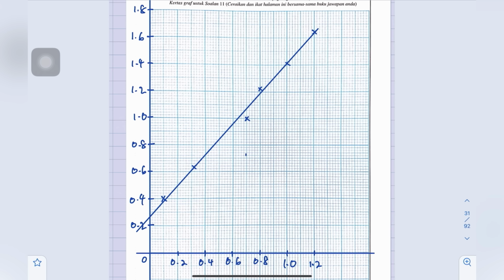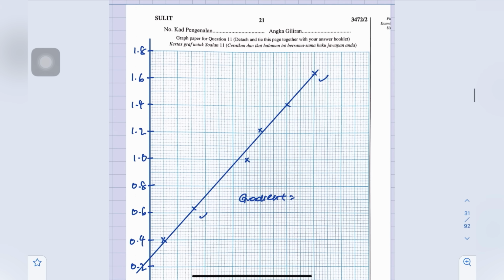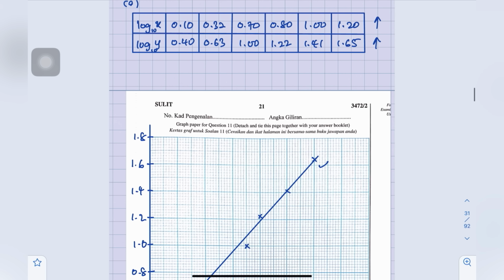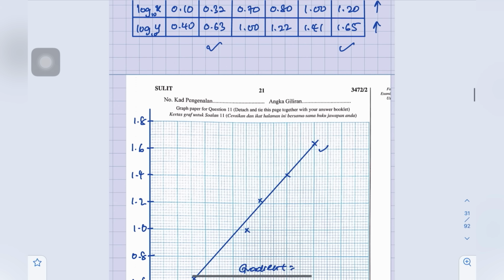So gradient, okay, kita kena ambil titik yang kena dekat atas straight line kita. For example, I take the second and the last one from the table.